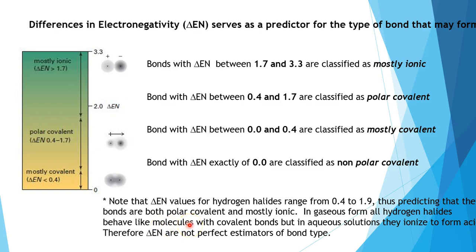So what this is saying is the presence of other molecules around these atoms affects the type of bond, and therefore when they're in aqueous solutions in the presence of water, they ionize to form acids. So delta EN values are not perfect estimators, but they're good enough for our class.